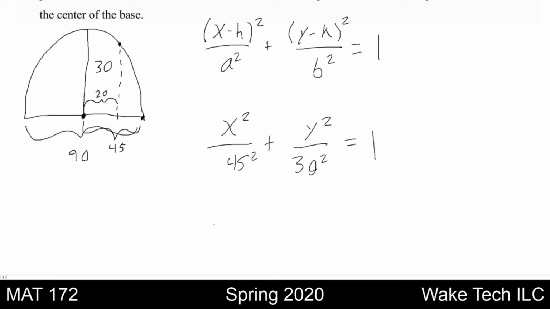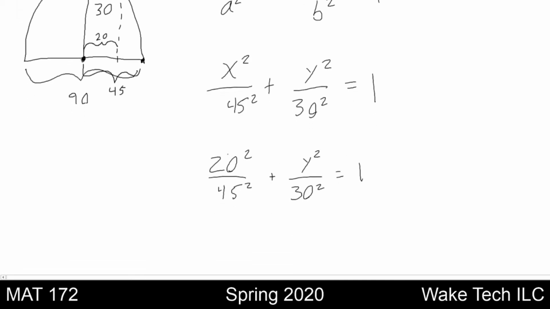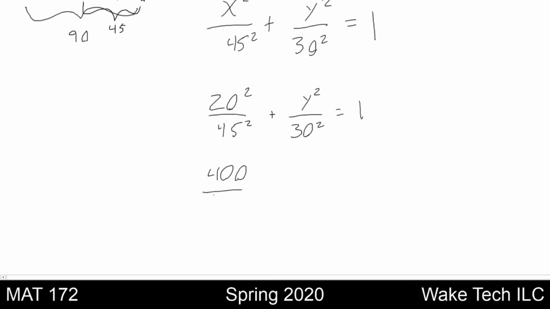So first of all, let's substitute 20 in for our x. So we have 20 squared over 45 squared plus y squared over 30 squared equals 1. 20 squared equals 400. 45 squared equals 2025. And 30 squared equals 900.